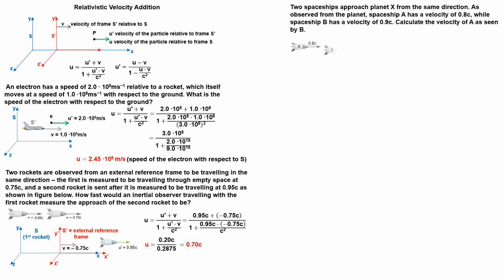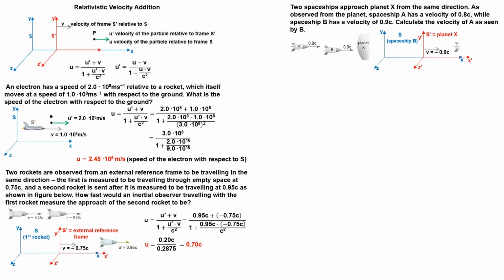First, select the frames and velocities. The spaceship B is frame S since the problem requires the velocity of spaceship A with respect to B. The frame S' is the frame of the planet X that moves to the left with speed minus 0.9 times c.